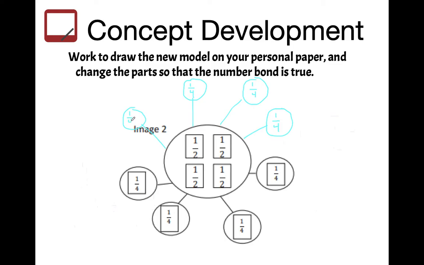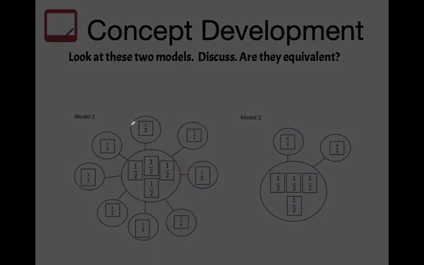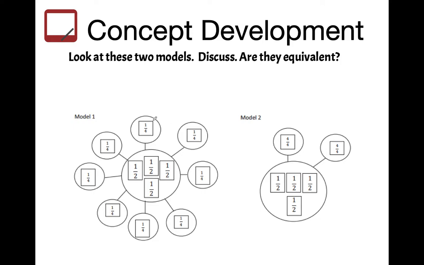You might be asking, this is so complicated. Why do we need to know this? What it's showing you is that you can break down your whole numbers. There's two models you're seeing, two different ways we can look at making whole numbers with our unit fractions. What they showed here is that we now have four halves, or two sets of 2 halves, and that gives us a whole number of 2.